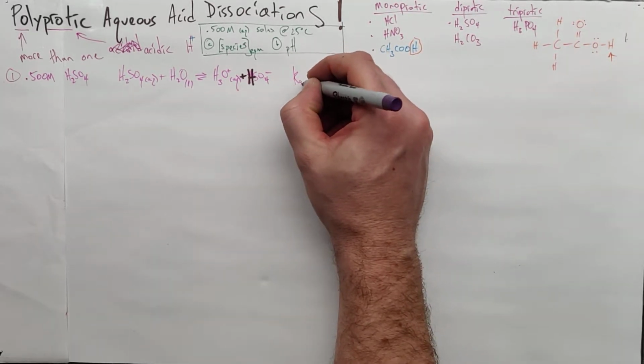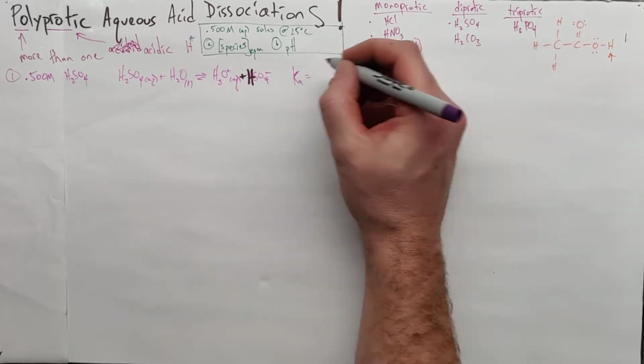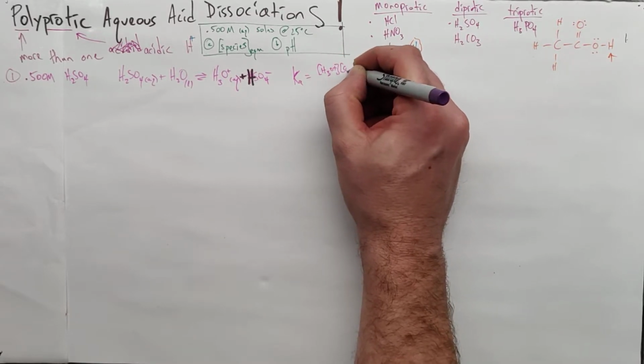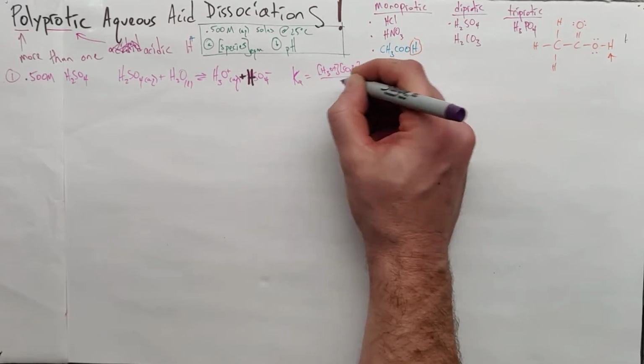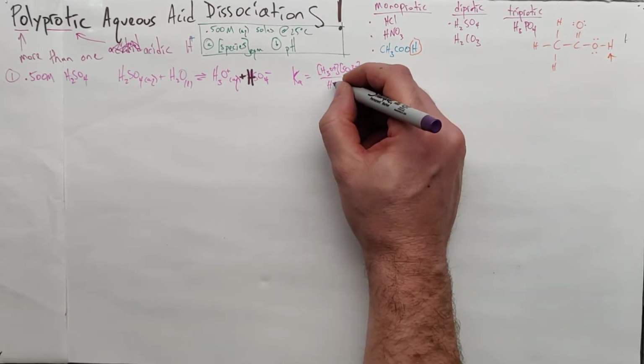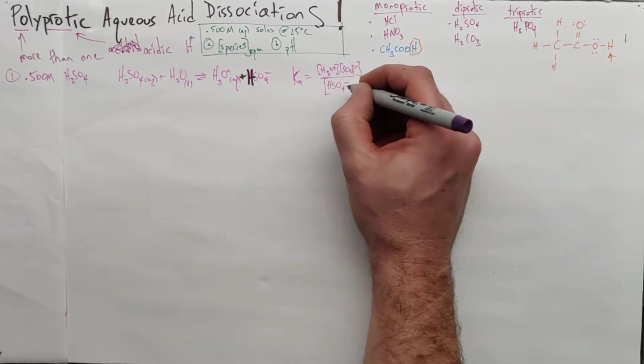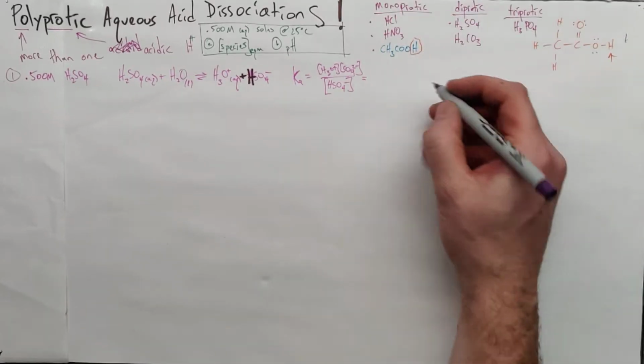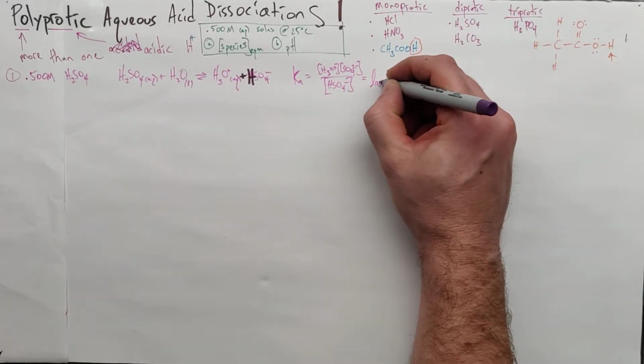We have a Ka expression to write, and that is the concentration of H3O plus, SO4 2 minus, over HSO4 minus. And the Ka value that we can get from a table somewhere is large.